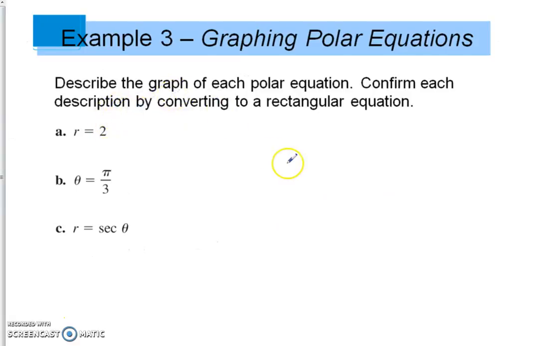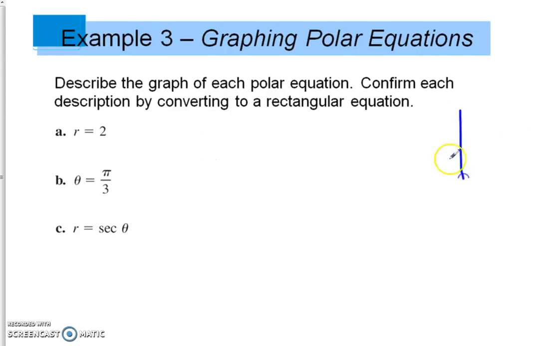Let's take a peek at this. How do I graph polar equations? The first one, if I know what r is, well, r represents the length of that line from the pole out. It's always 2, no matter what direction I'm going.